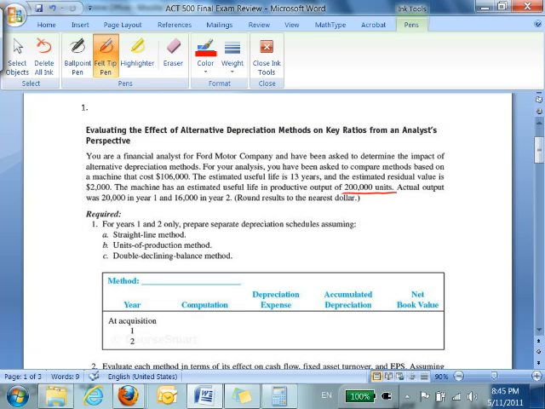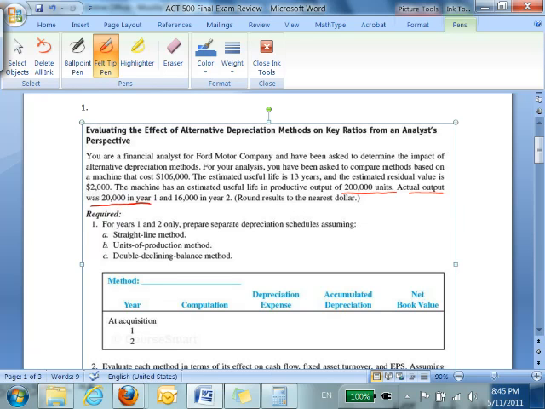So during the life of the machine, it can produce 200,000 units. And actual output was 20,000 in year 1, 16,000 in year 2.